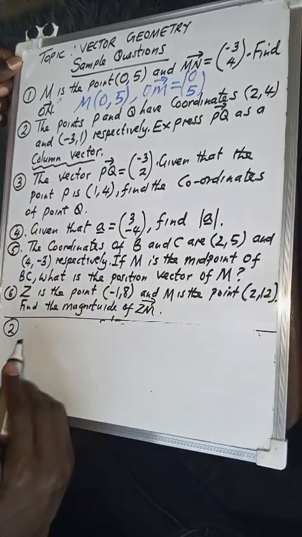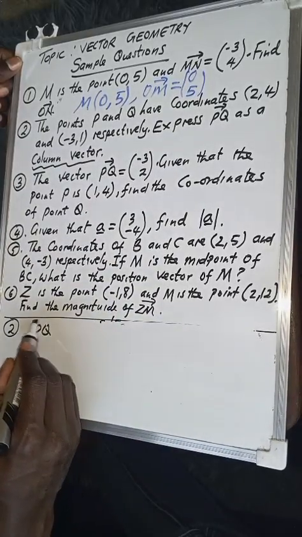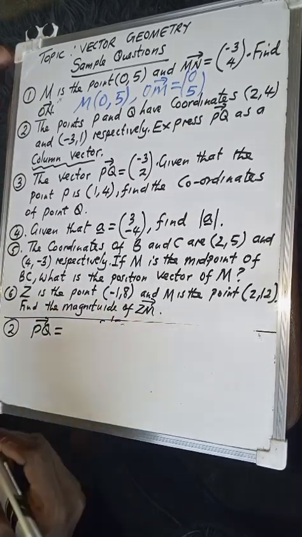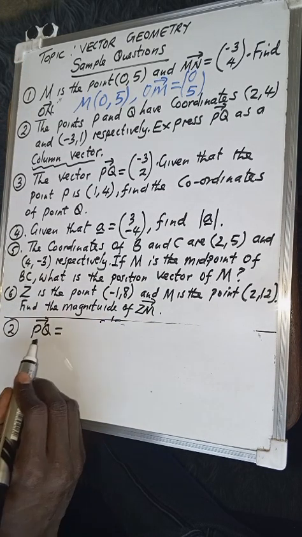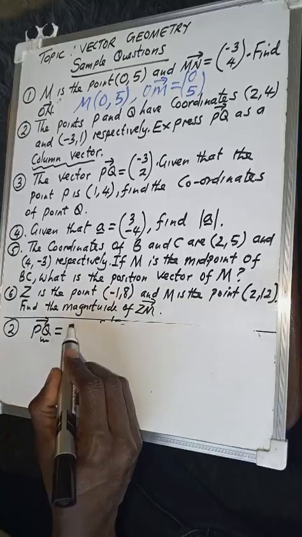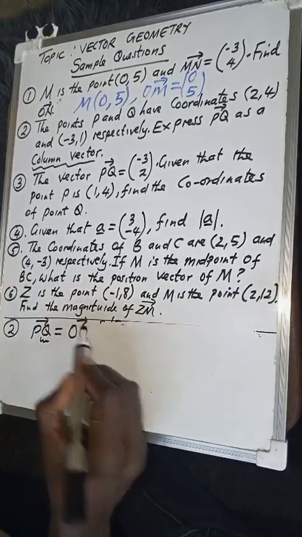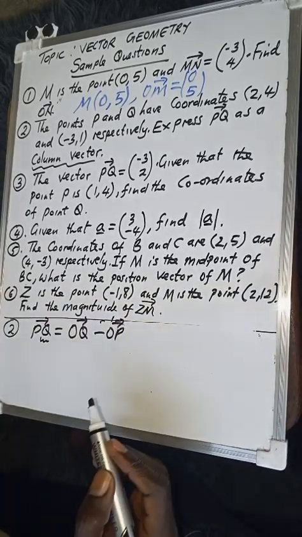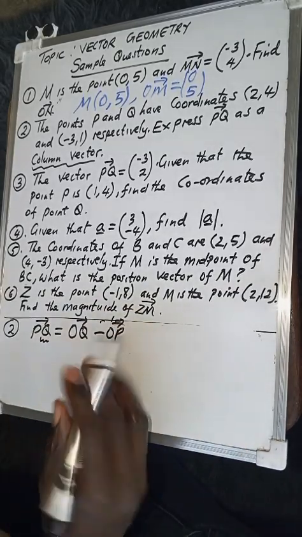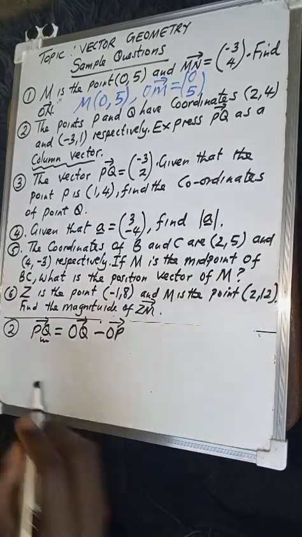So they want us to find PQ. Remember the concept. Mainly, these are going to be position vectors. So PQ, you start with this one because it's positive. So it is OQ, minus the vector OP, because these are starting from the origin. They will be position vectors. So OP on top there.